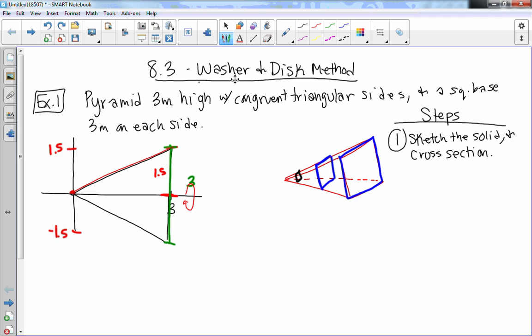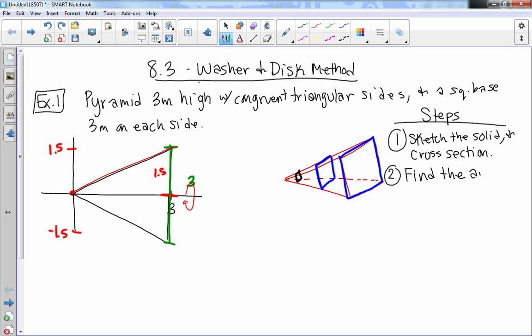Okay, step 2. What's step 2 in that brown box? And what is A of X? The area, meaning the area of that cross-section. So in this case, it would be the area of a square. Other cases, it could be the area of a circle.